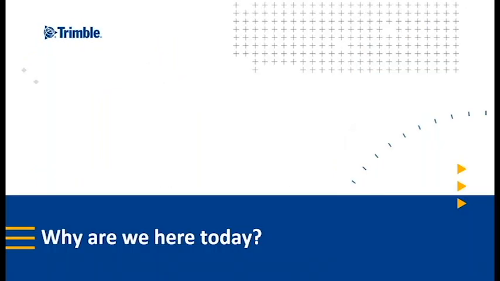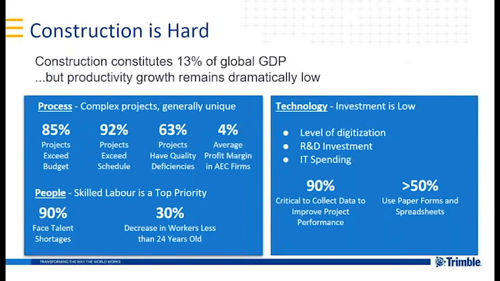So we'll start talking about why we're here today. So some of the challenges we come across, the industry that we're currently working in. As we all know, construction is a very hard industry to be in. Some of the figures here will show that. You know, construction constitutes 13% of global GDP, but productivity growth remains dramatically low. We're all very familiar.